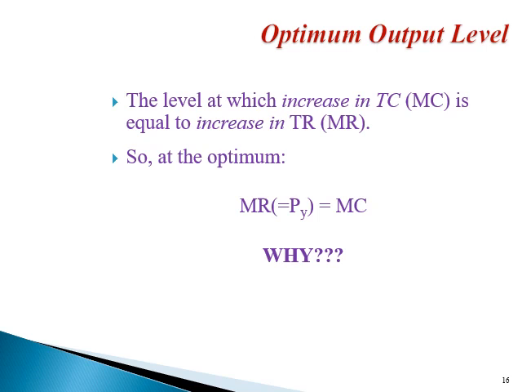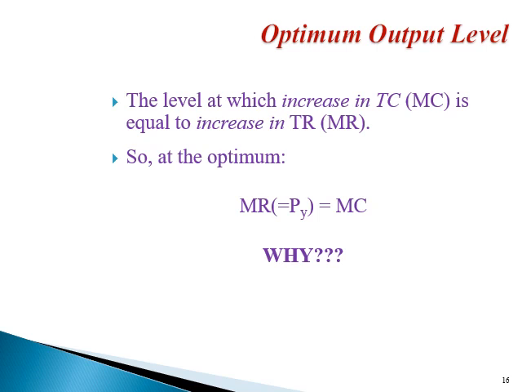If you want to maximize your profit, please do not produce the maximum that you can produce. Never do that. We do not maximize the level of output in economics. We maximize profit, which is the difference between total revenues and the total costs. Okay?